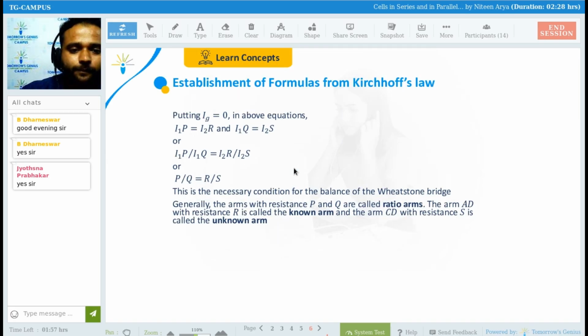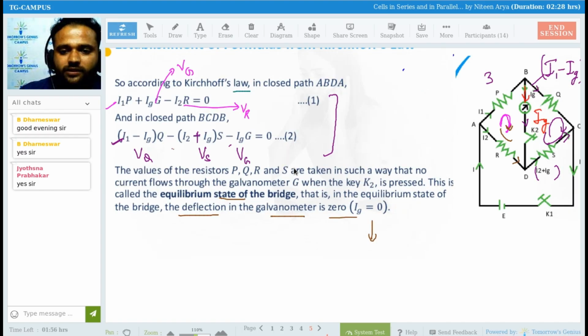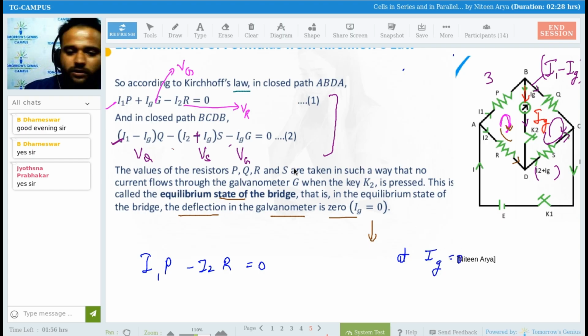So what's going to happen? When putting Ig equals 0 in the above equations. What are the above equations? This equation 1, equation 2. You can write it down to remember this. So when we put Ig 0, it becomes I1 into P minus I2 into R equals 0 at Ig 0.